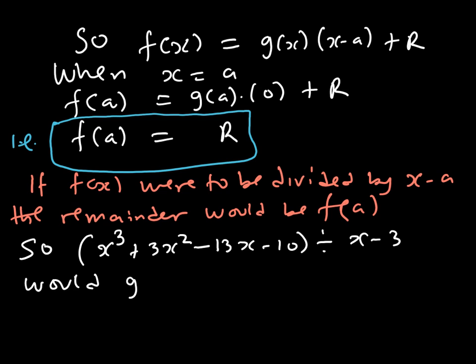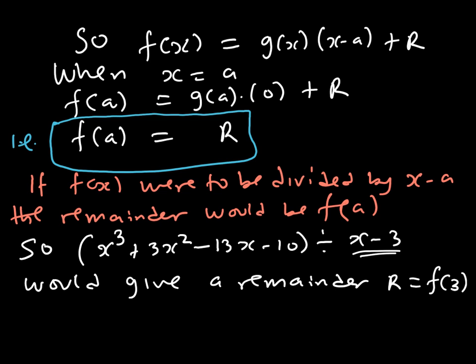This would give a remainder r equals f of 3. Just substitute x equal to 3. Look at that x value which makes x minus 3 zero, and substitute it in the polynomial, then what you get will be the remainder.